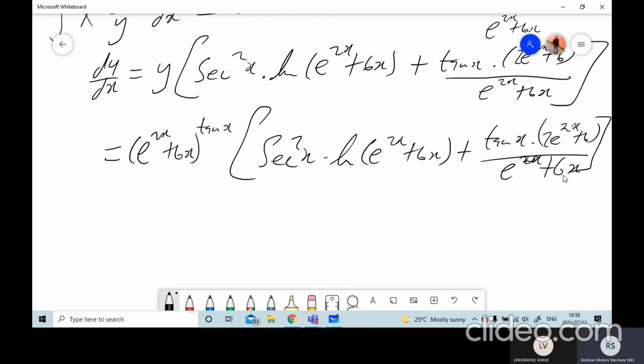Okay, so this is your final answer, the derivative of your function y. This was the second example in log differentiation.